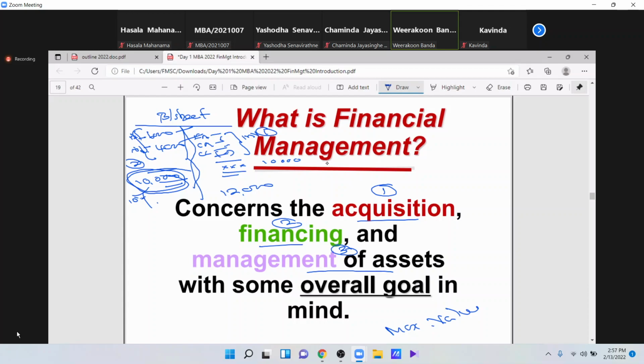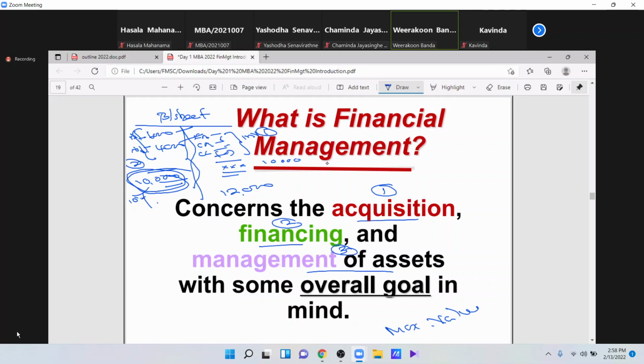Due to those reasons, we normally don't use the term maximize profit, but we try to maximize the value of the company. It does not mean that you don't need to earn profit; to maximize company value you need some profit. But merely maximizing profit is not our aim.